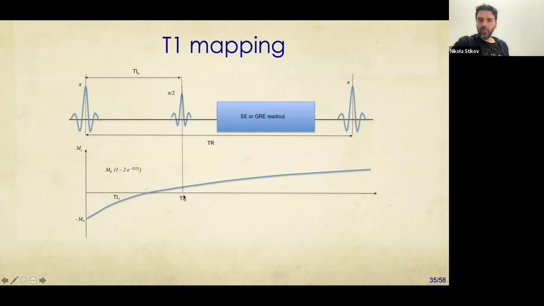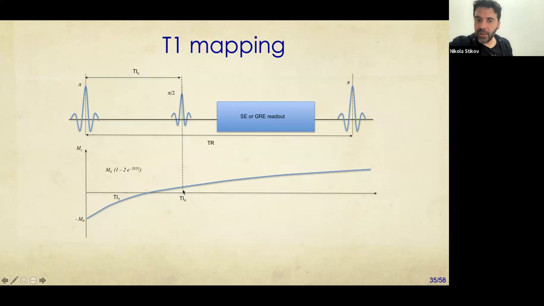So at some point, I will decide, you know what? I will wait for the magnetization to grow this much, and then I will tip it into the transverse plane. And then once I tip it into the transverse plane, I can actually get how much magnetization was there. So depending on how I time this, I can find out the amount of the magnetization, and I can do this measurement at many different points along the recovery curve.